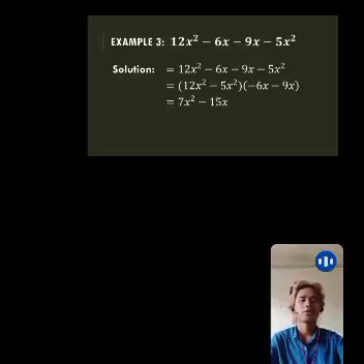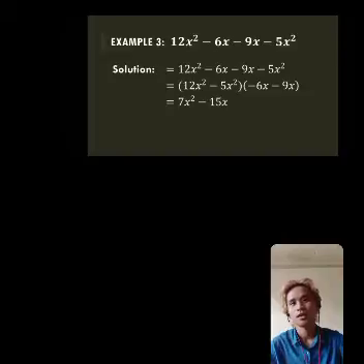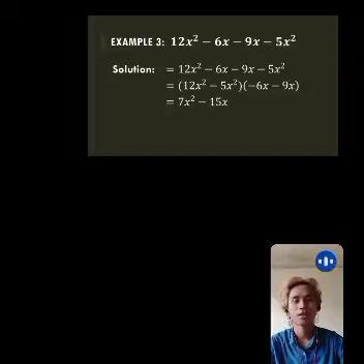Okay, so here is the next example. 12x squared minus 6x minus 9x minus 5x squared. The solution for this problem is to combine like terms.